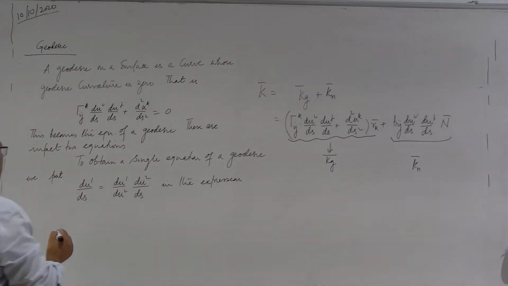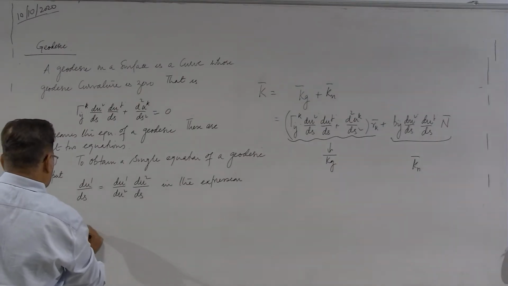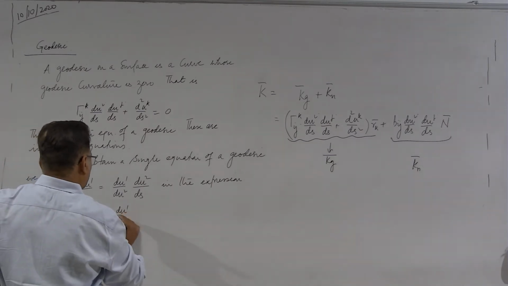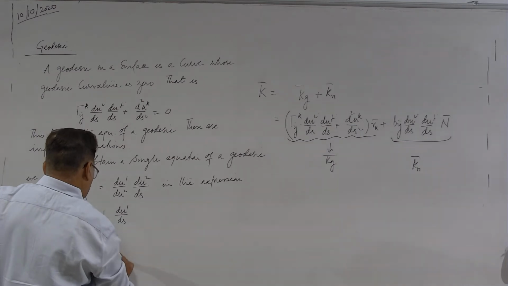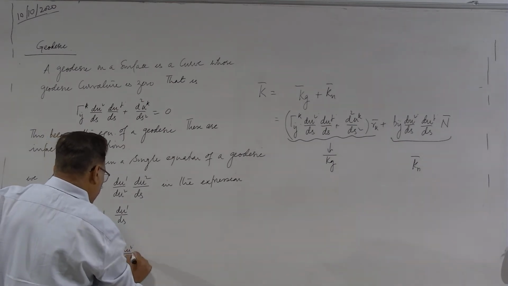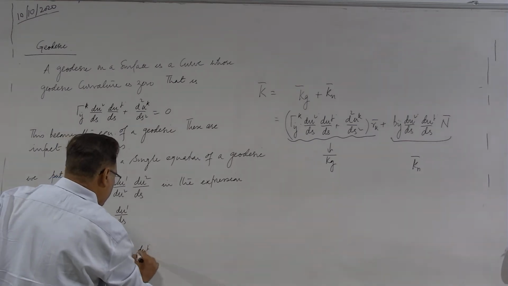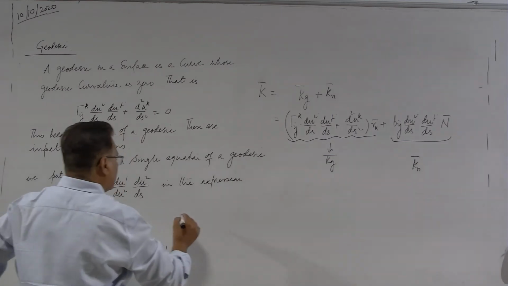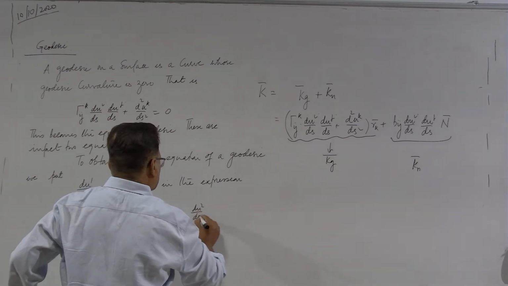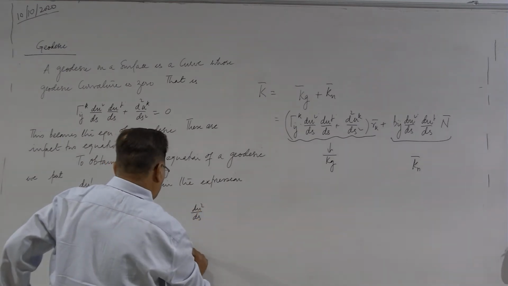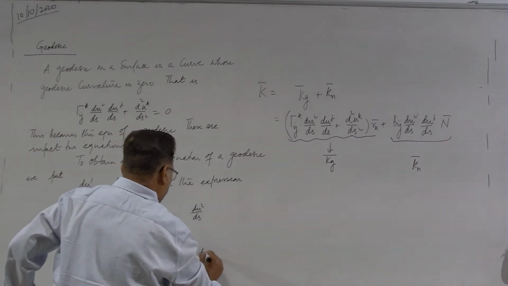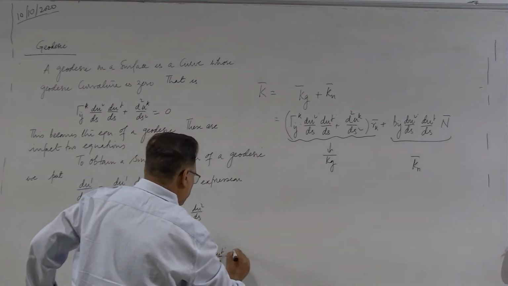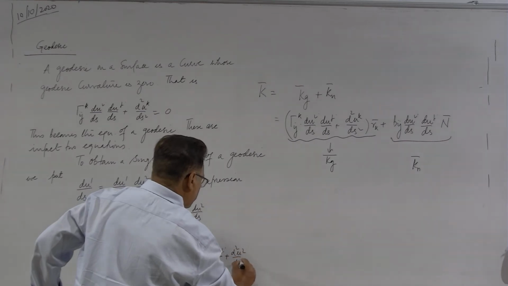That expression is under root g times determinant du1 upon ds, then gamma 1 ij dui upon ds duj upon ds plus d2u1 upon ds square, here du2 upon ds, and then you have gamma 2 ij dui upon ds duj upon ds plus d2u2 upon ds square.